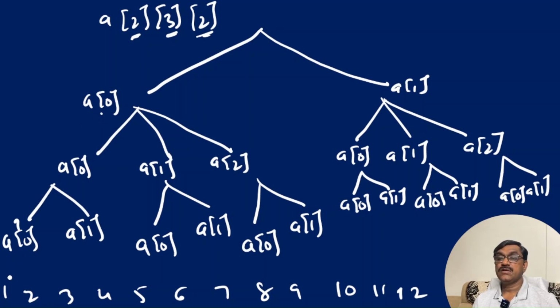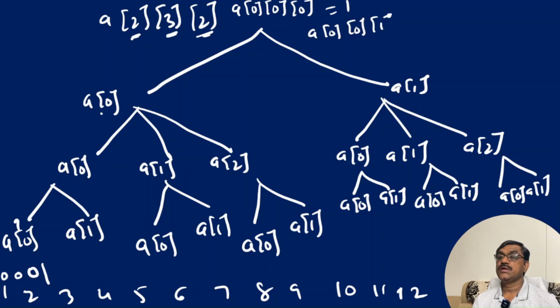First one I'm writing A of 0, 0, 0. This is first one. Next, here first subscript is A of 0, 0, 0. A of 0, 0, 0 equals 1. Next, A of 0, 0, 1. A of 0, 0, 1 is second one, 2.